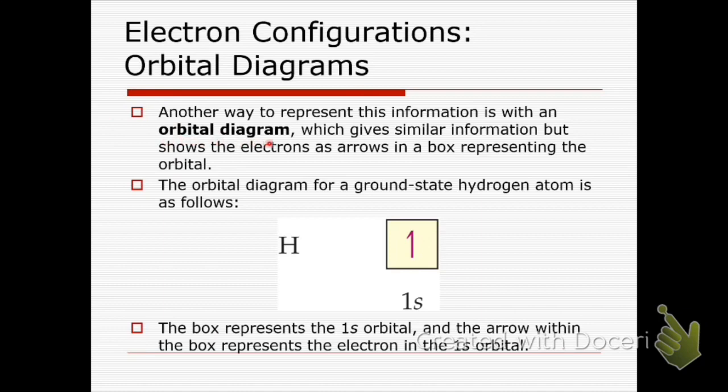We call those orbital diagrams. Again, we're going to use a box to show the orbital, but we have to tell which shape it is underneath it. So for hydrogen, we just write the 1s underneath it. And instead of putting the superscript 1, we're drawing the 1 electron in the up position, following Hund's rule saying we put it up first.